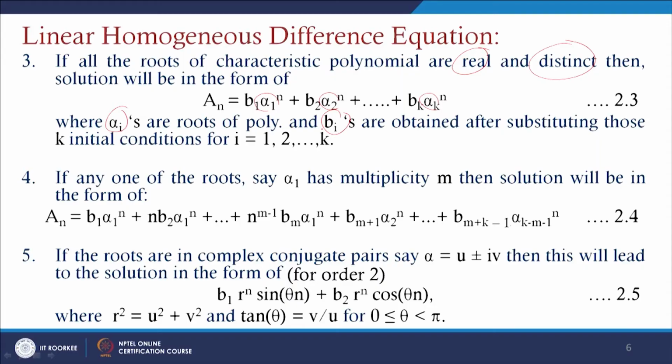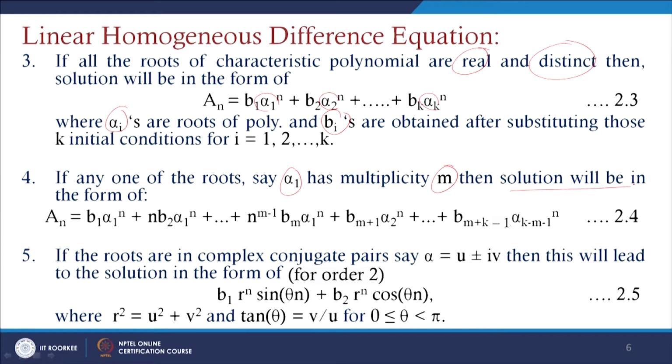If any one of the roots, say alpha1, has multiplicity m, sometimes a double root exists where both roots are the same, then the complete solution or auxiliary solution of this equation will be in the form of a_n equals b1 alpha1 to the power n.